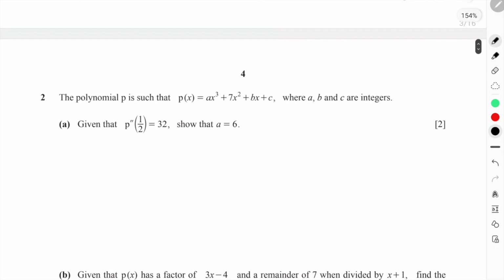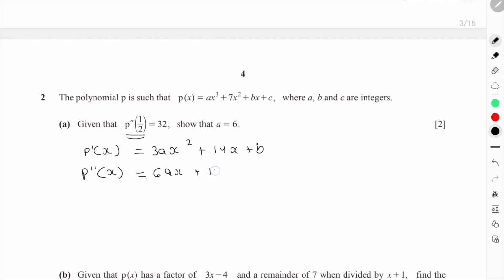We have a polynomial and we have to show that a equals 2. This basically means the second differential. So let's find p dash of x. That's 3ax squared plus 14x plus b. And then the second derivative is 6ax plus 14.